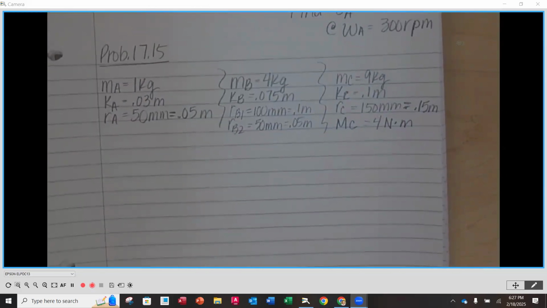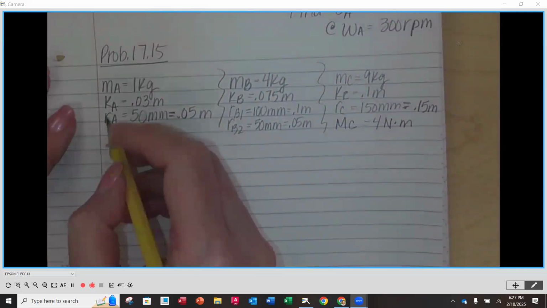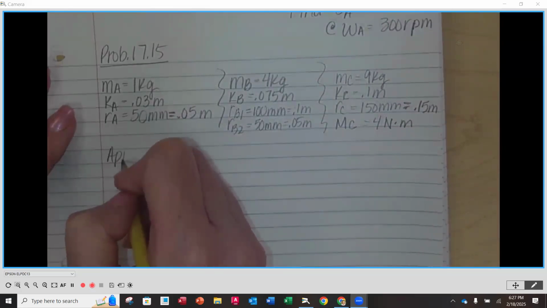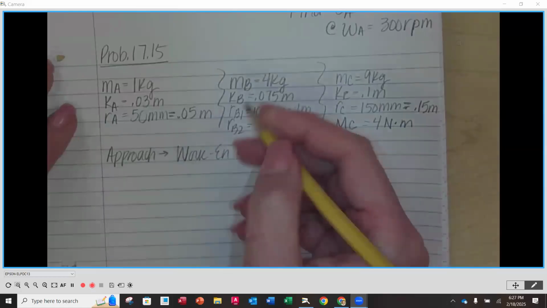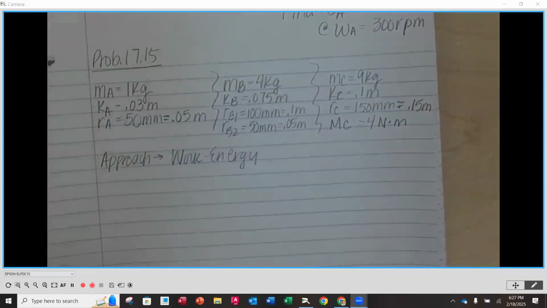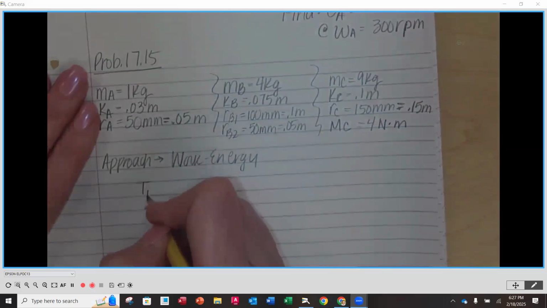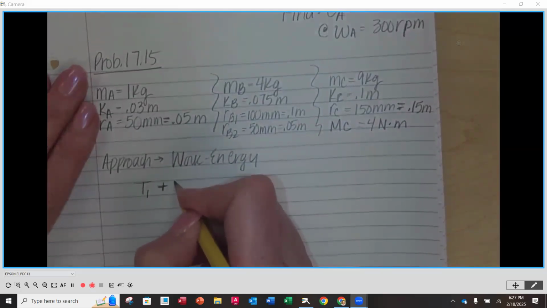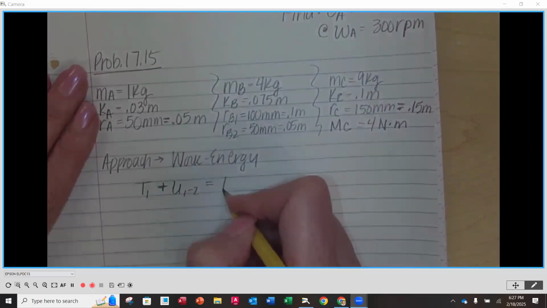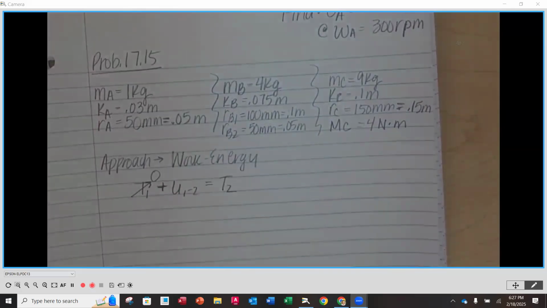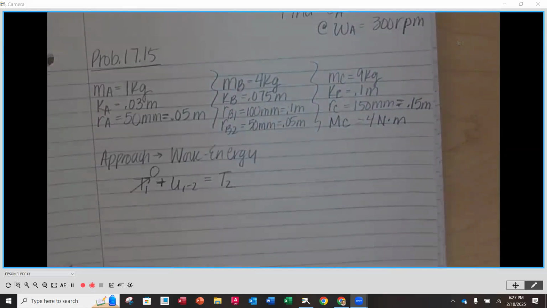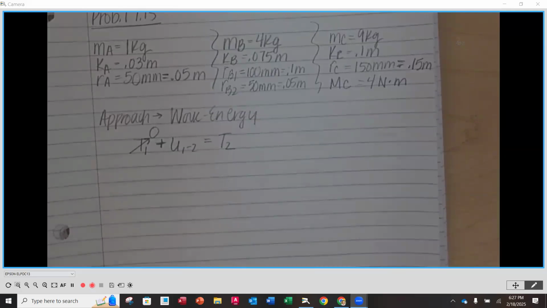Now, approach. We're going to use the work energy theorem. Okay. Work energy. So we know that T1 plus work is equal to T2. Our initial kinetic energy is 0 because we're starting from rest. Okay. Now, as we look at this, let's expand the work and the kinetic energy.